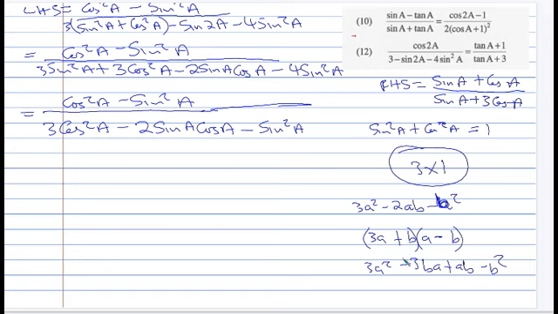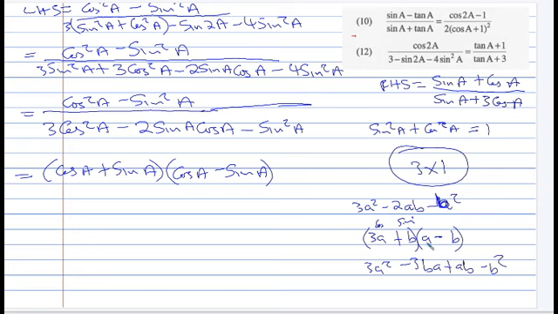So what I'm saying here is my a is my cos and my b is my sin. So when we factorize this whole thing, let's also factorize the numerator. This is a difference of two squares. So this is cos a plus sin a, and then cos a minus sin a. That is the numerator. And then the denominator, I said it looks like this, where my a is the cos and my b is the sin.